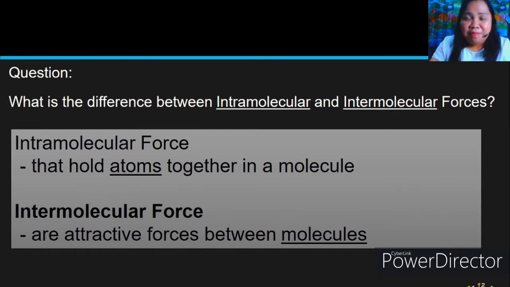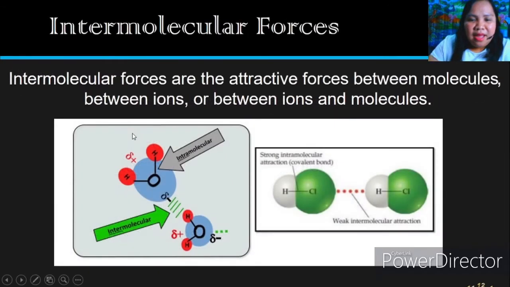But for today's topic, we are going to discuss the intermolecular forces, or the attractive forces between molecules. We have two molecules and then the force attracting both molecules. Intra is inside the molecule, inter is outside of each molecule.